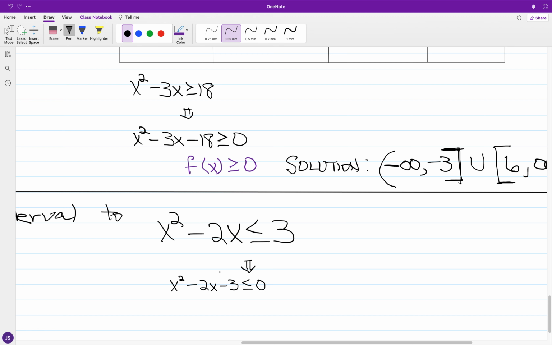And to set up the table once again, I just need to find out what x would make x squared minus 2x equal to 3. So we have another quadratic equation. Writing it in standard form, we have x squared minus 2x minus 3 is equal to 0.